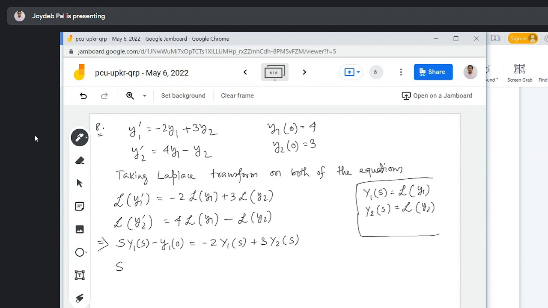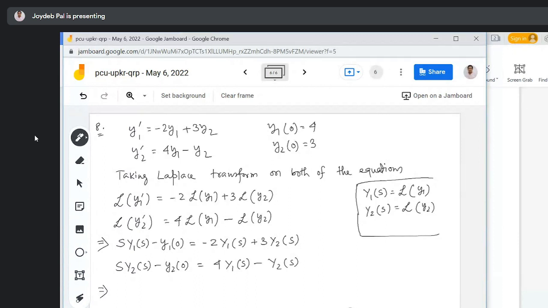s Y2(s) minus y2(0) equals 4 Y1(s) minus Y2(s). Okay. Now y1(0) and y2(0) are the initial conditions, so you put these values.